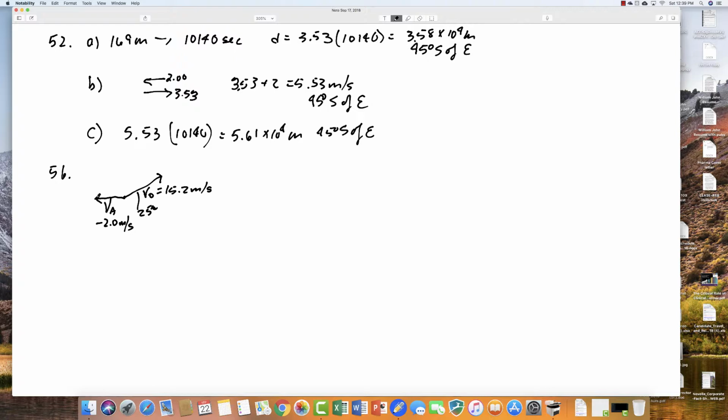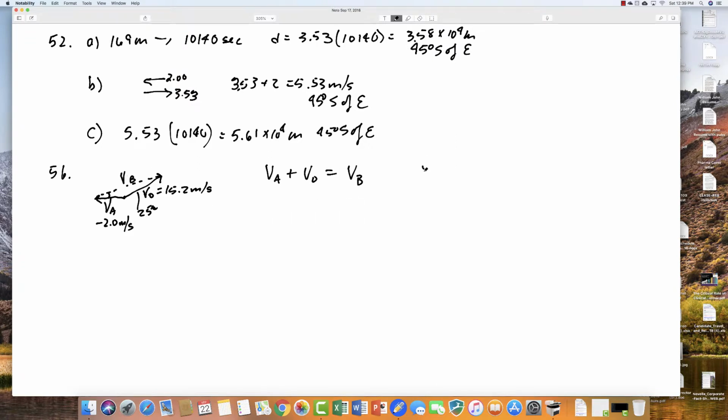And what we want to find out is, what is this vector, which is the velocity vector relative to the quarterback, which means we have to find the magnitude of this velocity plus the new direction that will result once we've added this vector and this vector together. So VA plus V0 is going to equal V, and we'll call this VB right here.